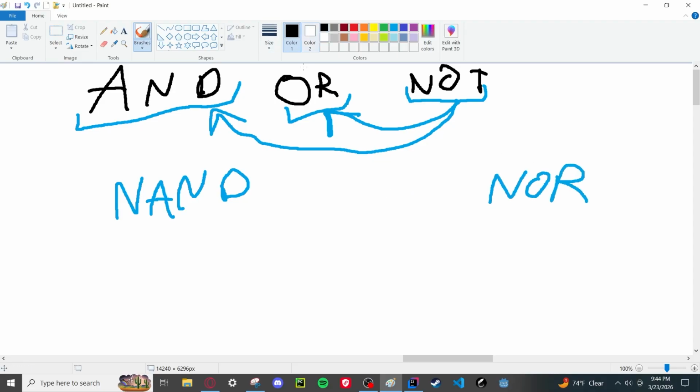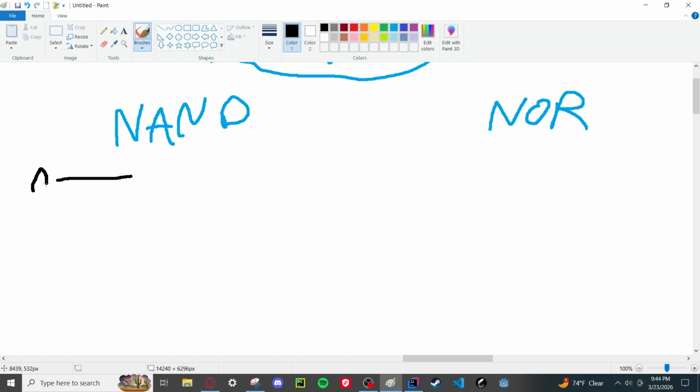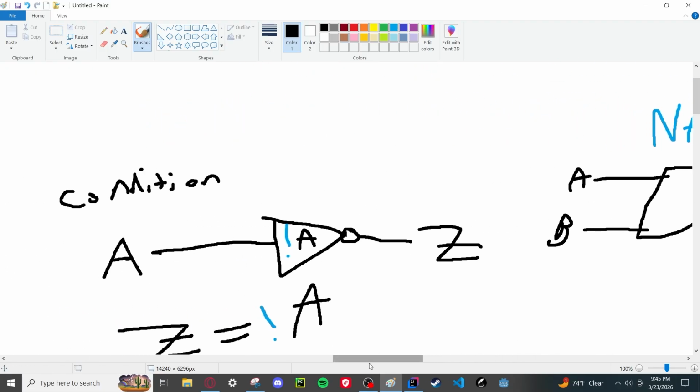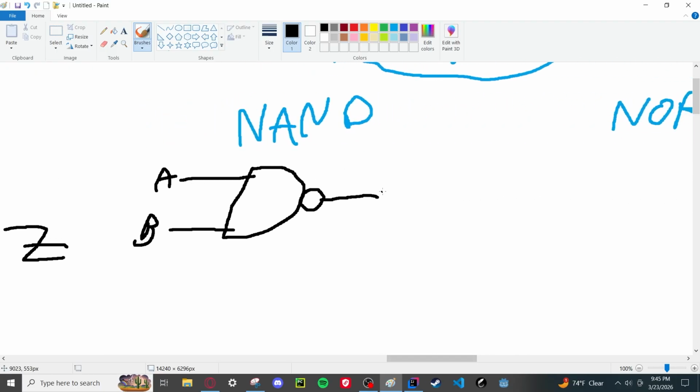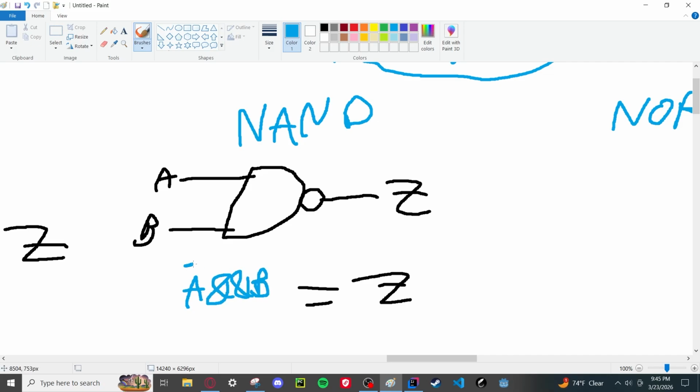So the NAND gate looks like this. It's taking in A, it's taking in B, and it's going to be the same semicircle with a little circle coming out, just like how in the NOT it had a circle coming out. Same idea, that circle's coming out here too. And this can be looked at in a logic statement as A and B notted, like this.